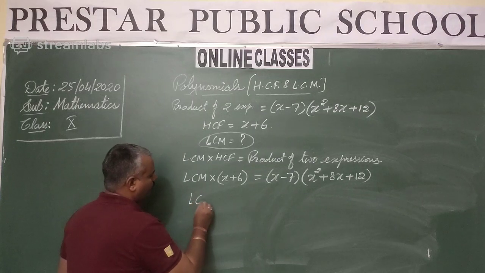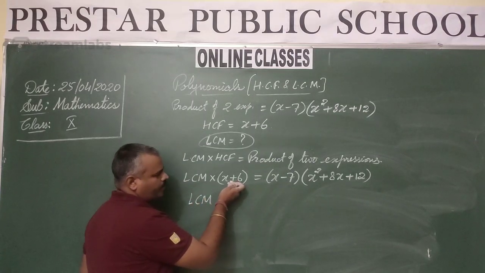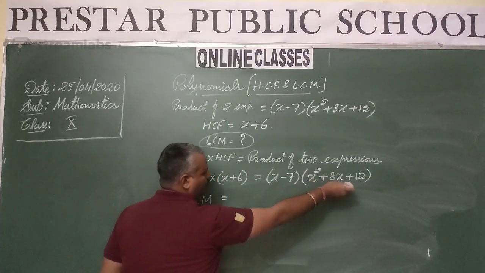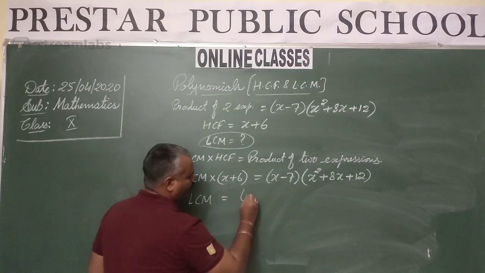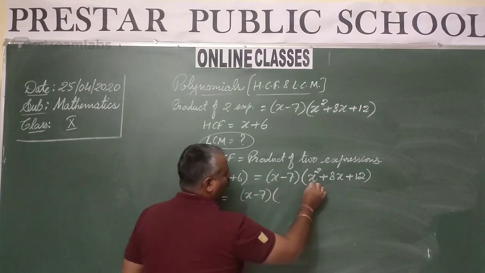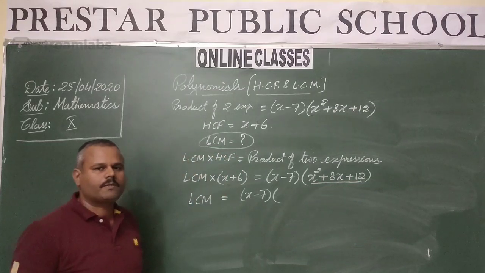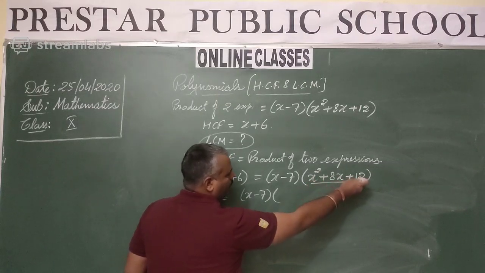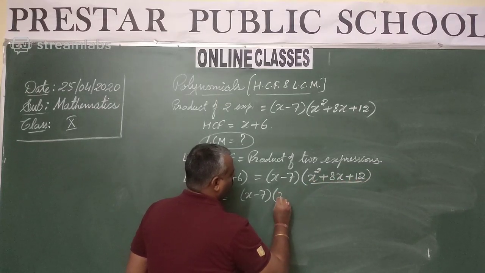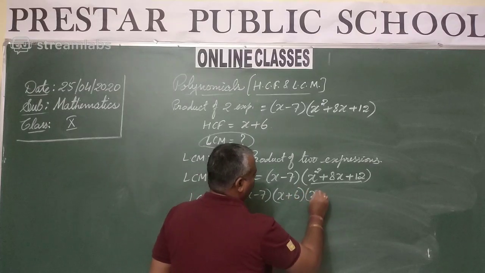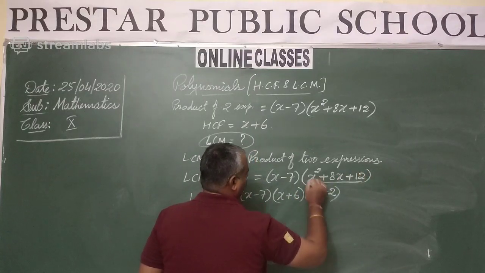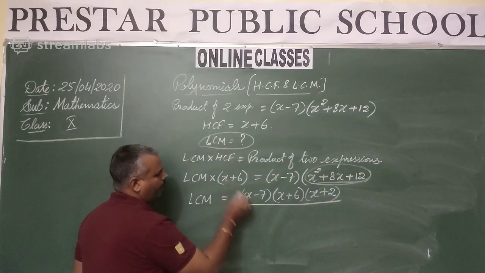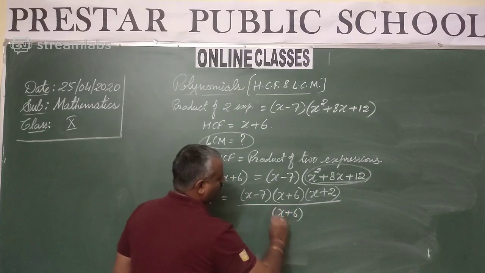So what is LCM here now? This x plus 6 will be on the other side, upon x plus 6, means you will divide the right hand side by x plus 6. Along with that, you need to factorize this x squared plus 8x plus 12. Now here I'll just straight away write the factors of this. x squared plus 8x plus 12. The factors would be x plus 6 multiplied by x plus 2. You do the factorization the same way by splitting the middle term, upon divided by x plus 6.